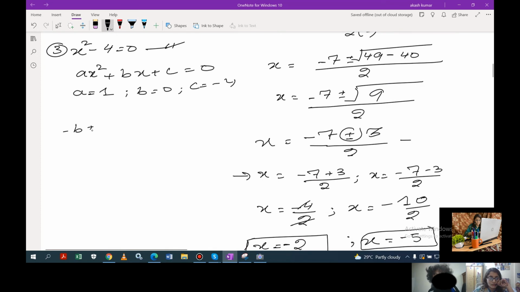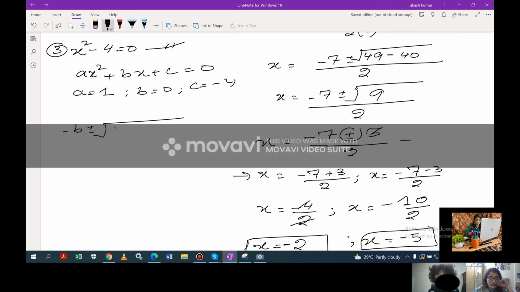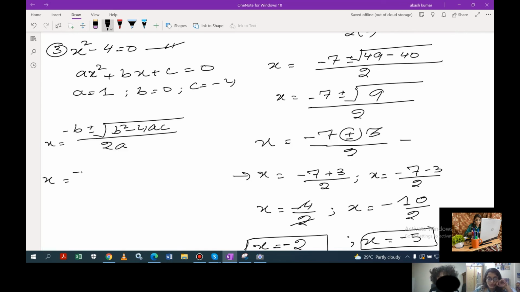So putting this into the expression, minus b plus minus the square root of b square minus 4ac over 2a. So it will be minus b, and the b term is 0, so minus 0 doesn't make any difference.